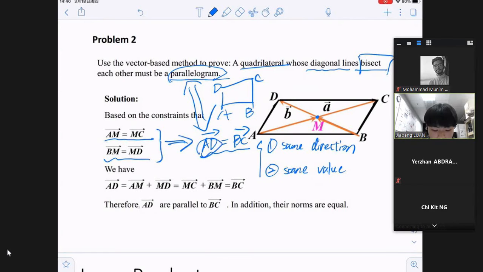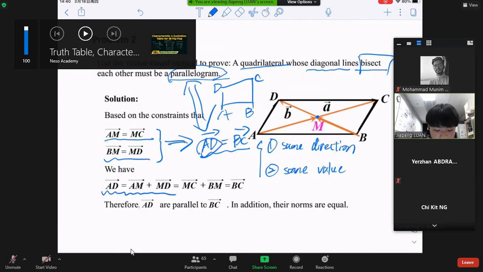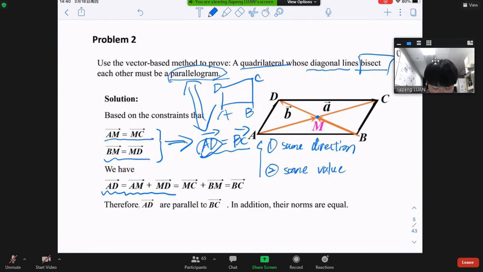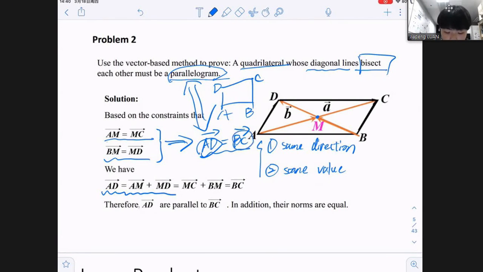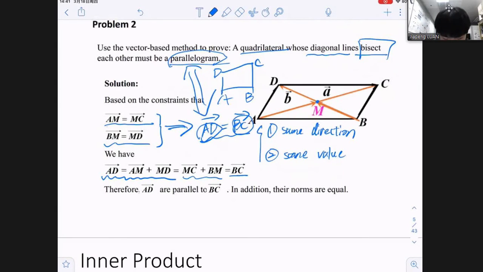So how to get AD? AD is actually AM plus MD. And also what is BC? BC is actually BM plus MC. So because you have this equation, you can see that AM plus MD equals MC plus BM. So that gives you AD equals BC. So that means this is a parallelogram.